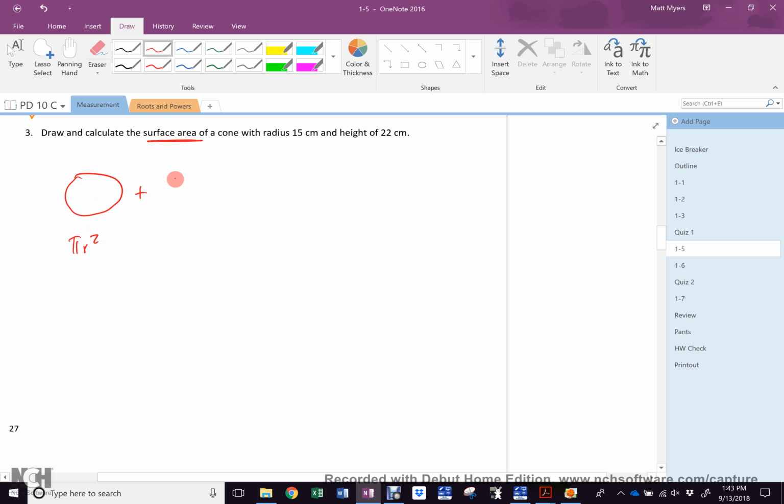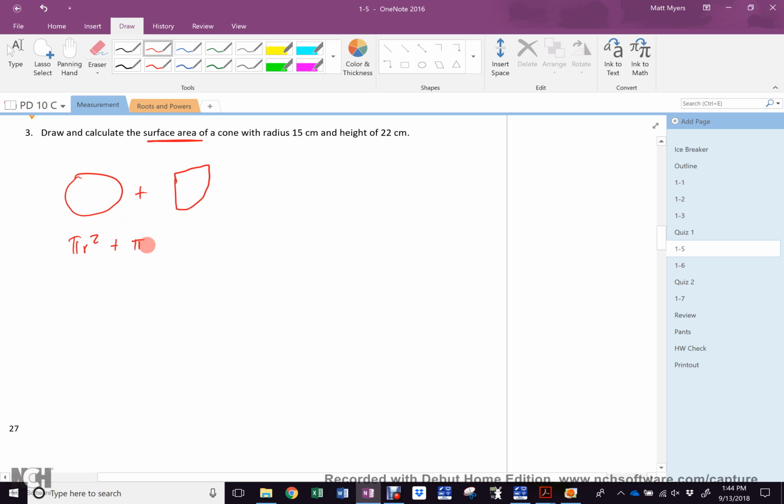Plus, the other bit of it is a chunk of a circle. Everyone agrees? Okay. Since it's a chunk of a circle, what irrational number must be part of the area? Pi, because it's a part of a circle, yes? So I'm going to do something with pi. Now, since it's the area of a part of a circle, what other number must be part of it?